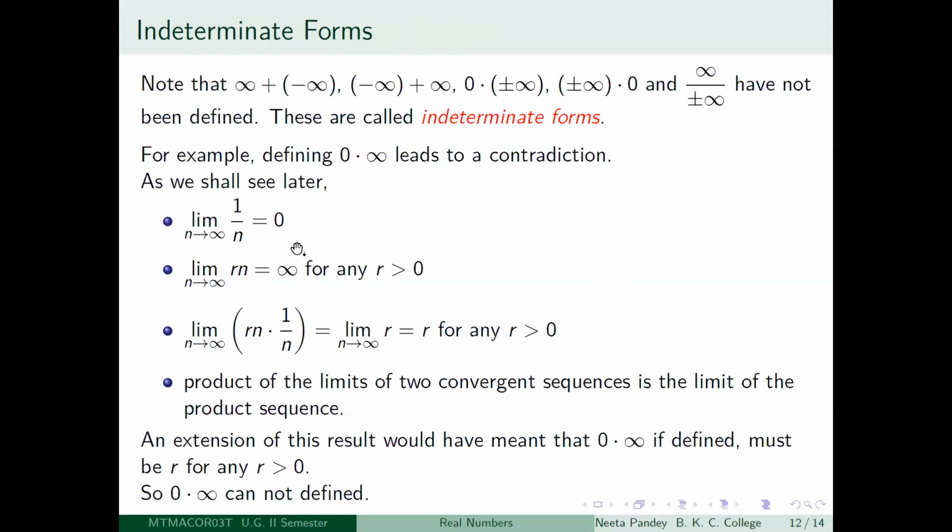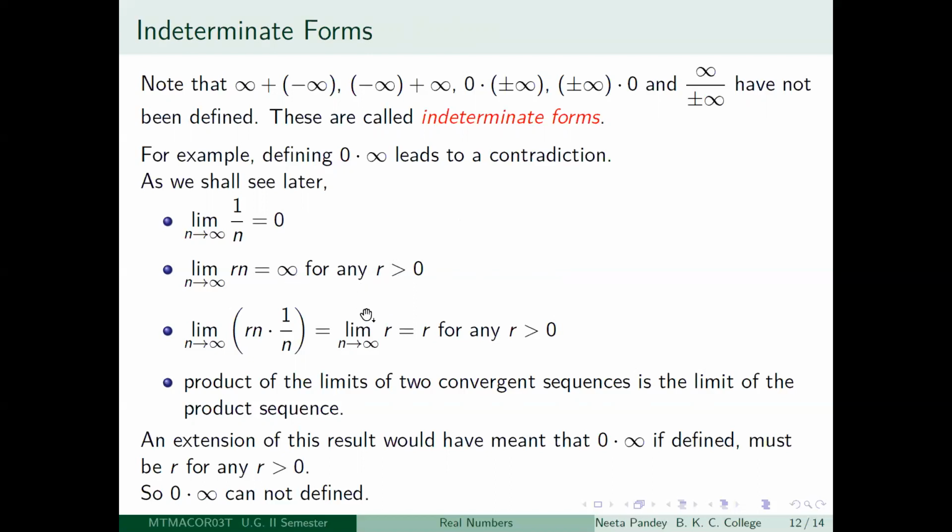We know that limit n tending to infinity of 1 by n is equal to 0. We will discuss sequences in a later chapter in detail, but at least you know these formulas from your high school. Again, if you take any positive real number R and look at the sequence Rn, that is going to look like R, 2R, 3R, 4R, etc. So that sequence is going to be divergent.